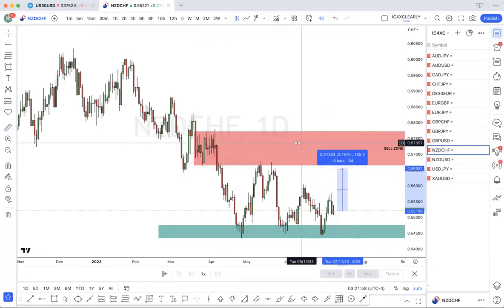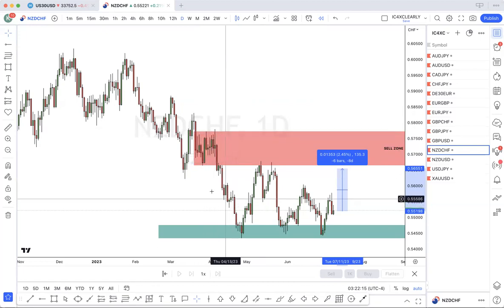But this zone right here is a sell zone, because this is your last swing high. This broke structure here, pushed down. It pulled back, came back, didn't break the highs, didn't break these lows. So this would be the last swing high.